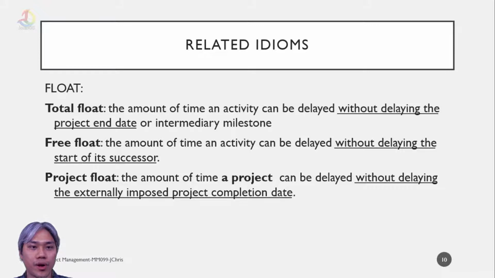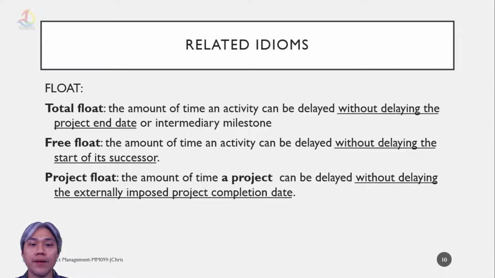There are a few terms related to project time management. We're going to talk about float, which is divided into total float, free float, and project float. Total float is the amount of time an activity can be delayed without delaying the project end date or an intermediary milestone.